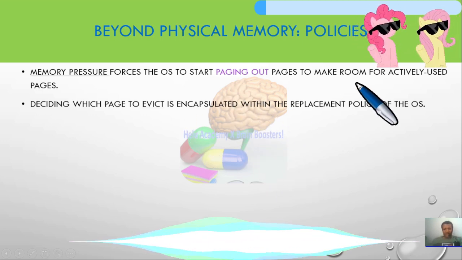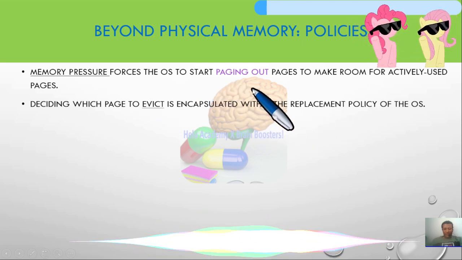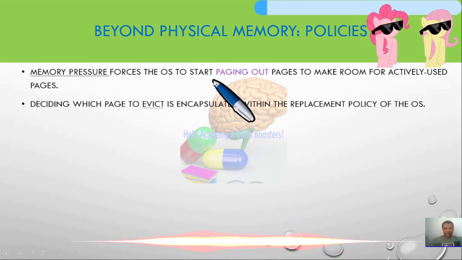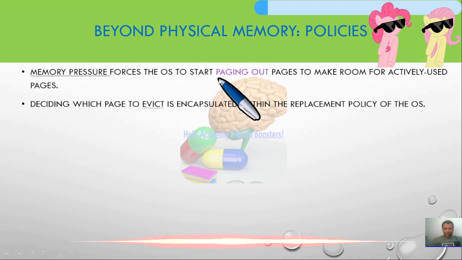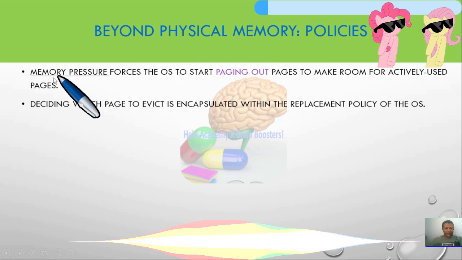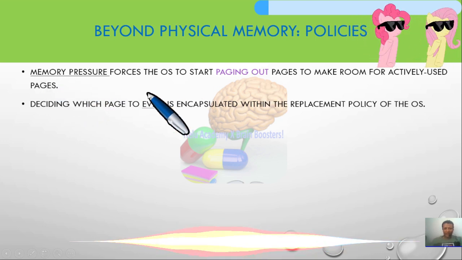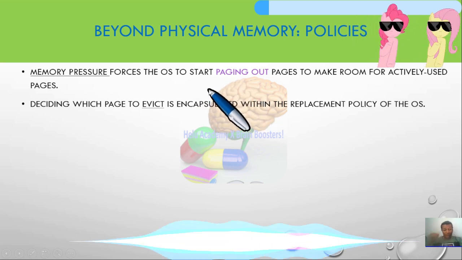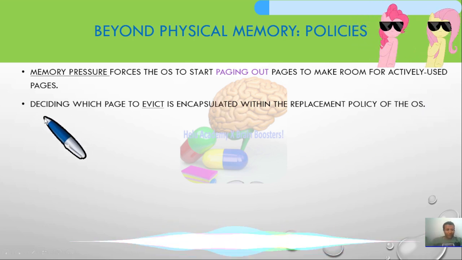So if the processor needs more space, or wants some bytes or processes from the RAM, the memory should be pressured to page out some of the unnecessary parts and processes, and it will load the process which is actively used.